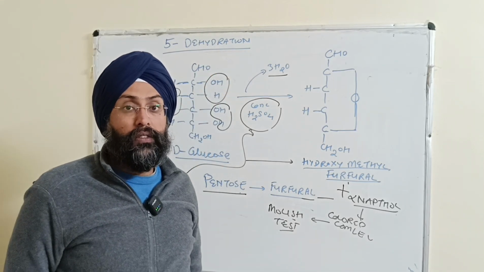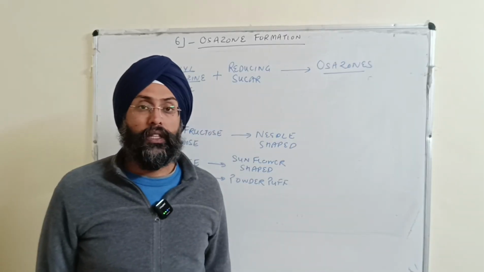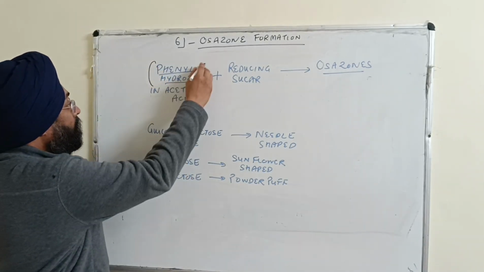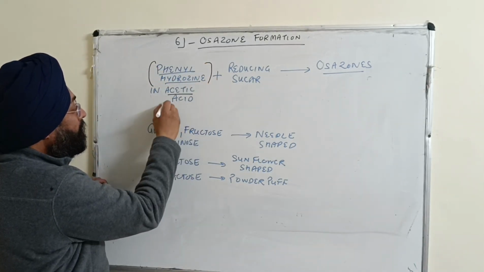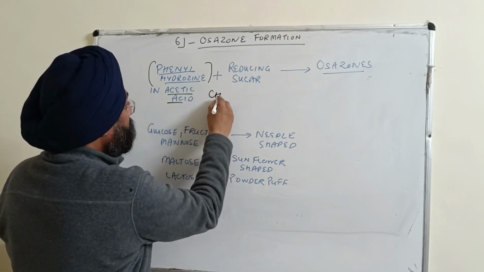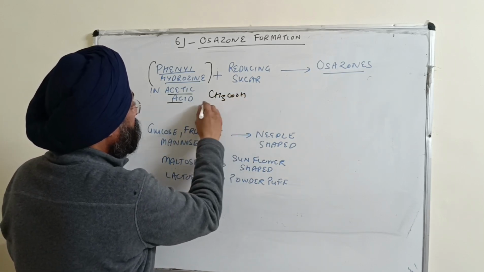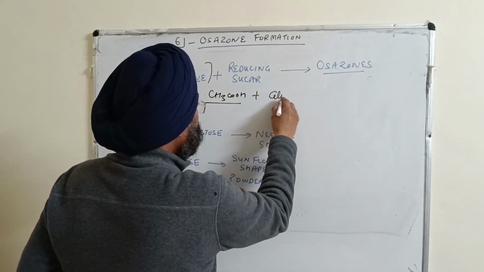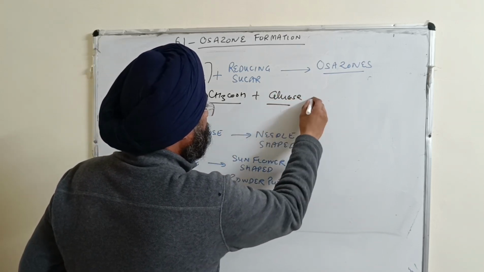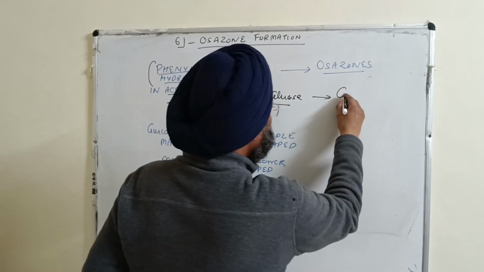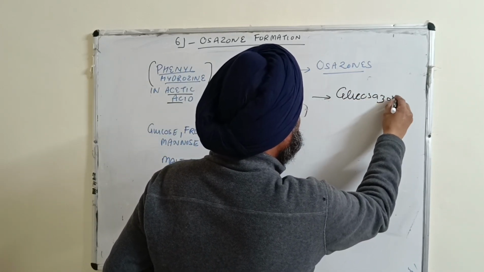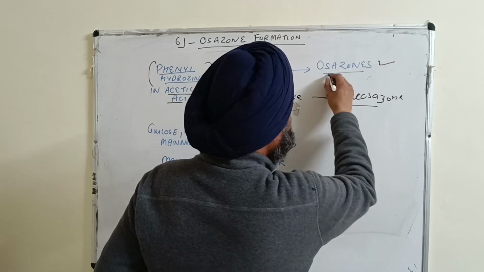Now I'll start with Osazone formation. Now in Osazone formation, the phenylhydrazine with acetic acid, acetic acid is CH3COOH, with glucose will result in formation of glucosazone, that is our Osazone.